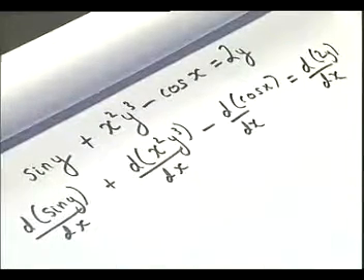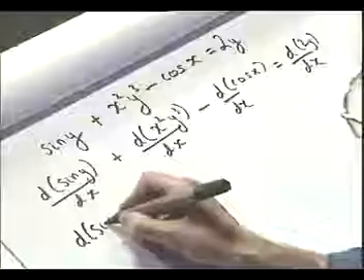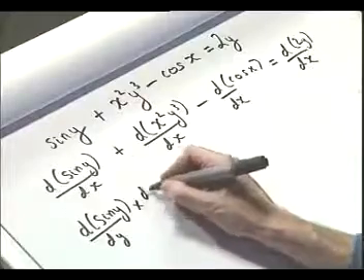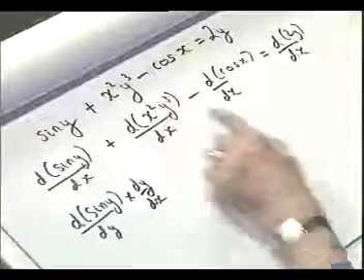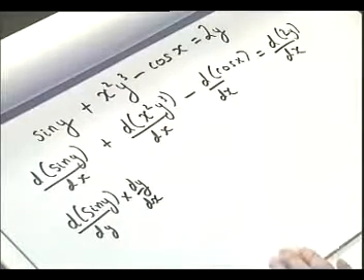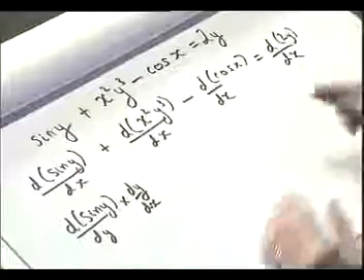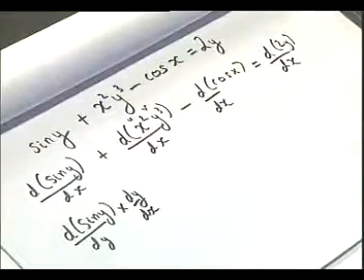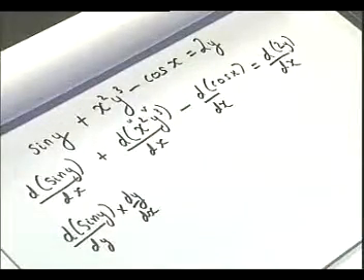Now let's remember what our function of a function rule tells us, that this is done as the derivative of sine y with respect to y times dy by dx. This one is a bit of a problem, because this is x squared times y cubed. So it's a product. It's a u times a v. So let me write a little u over the top and a little v there. u is x squared and v is y cubed.